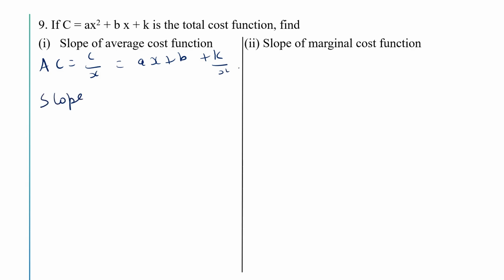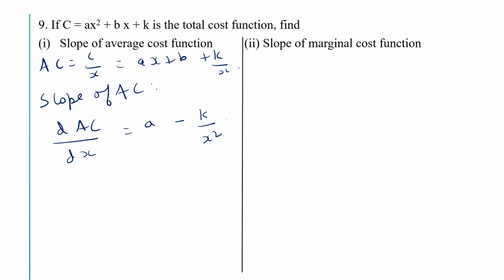So slope of average cost is d AC by dx. It is a minus k by x square. So this is the slope of average cost function.